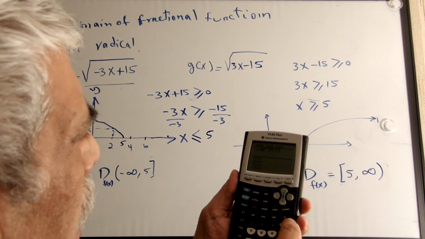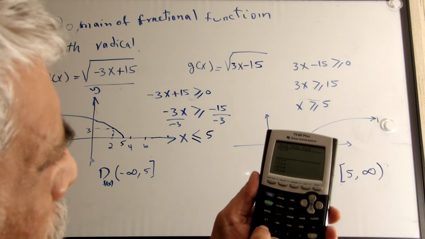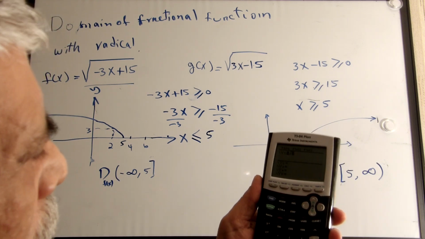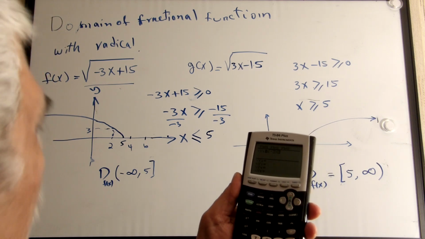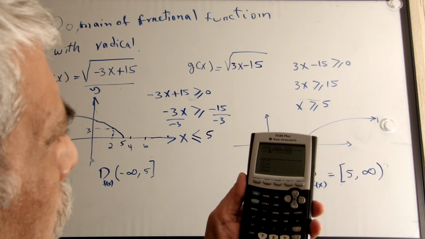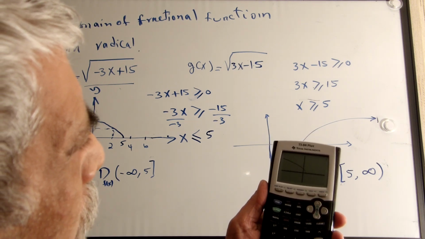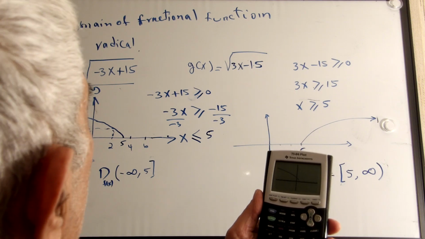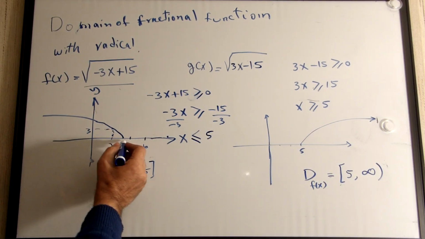You write the equation here, minus 3x plus 15, and then you push this one and it graphs for you. See, this is where the intercept is.